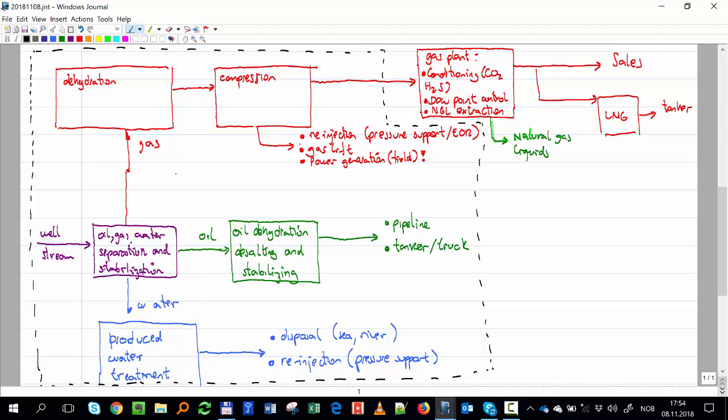That's all we have in an offshore field. You might have all of it, but only if it's onshore.